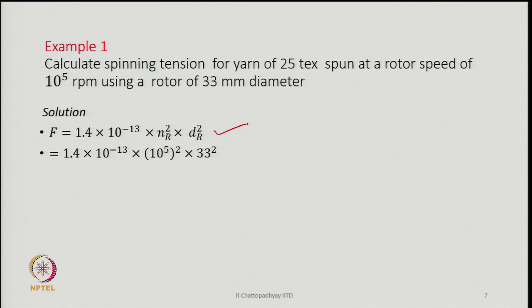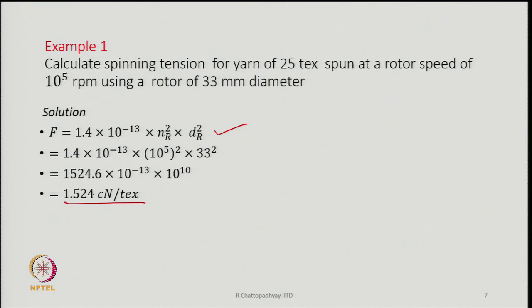F equals 1.4 times 10 to the power minus 13 times N squared times D squared. We have to be careful about the units, and if we substitute the values here, then we can find the tension in centinewton per tex first.